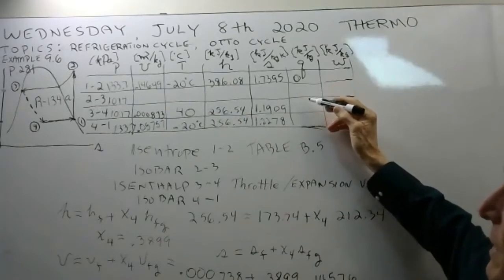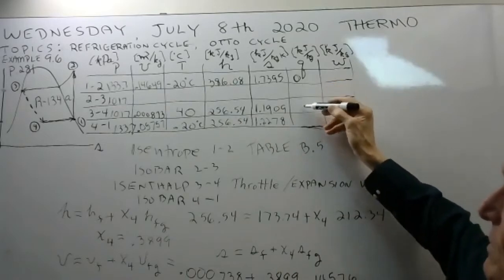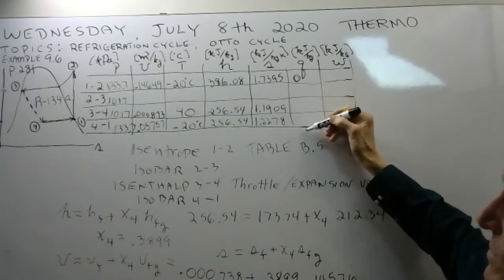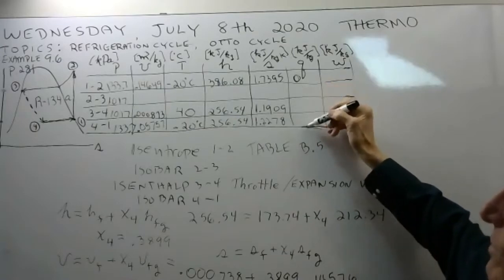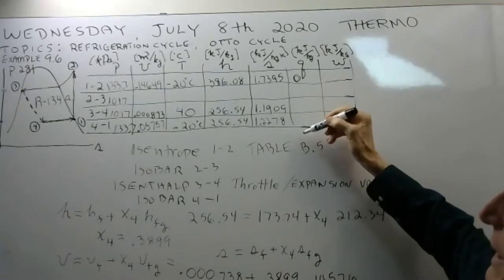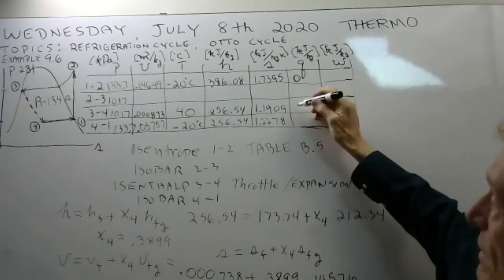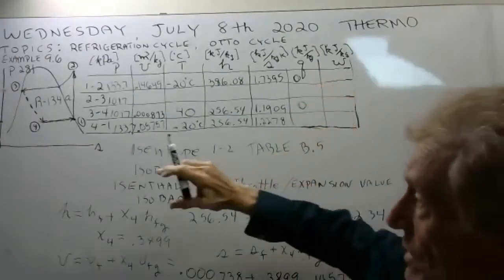But now let me think now. There might be another 0 in this column here. There is. Where does the other 0 go? It goes right here. Now why is that 0?